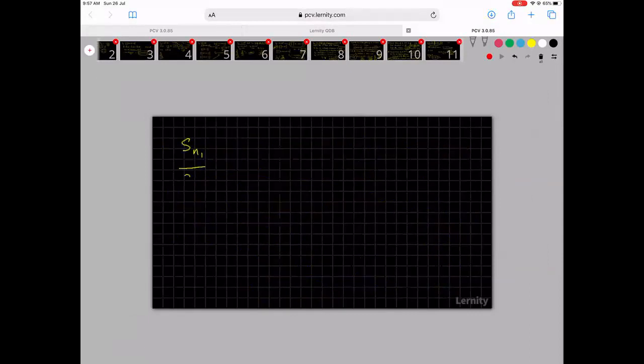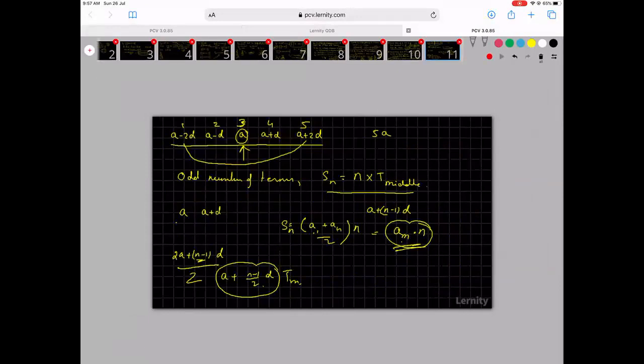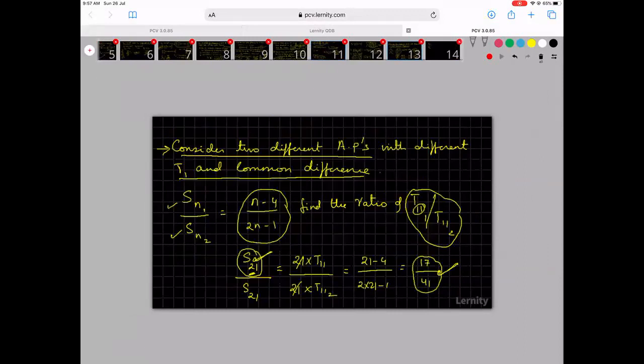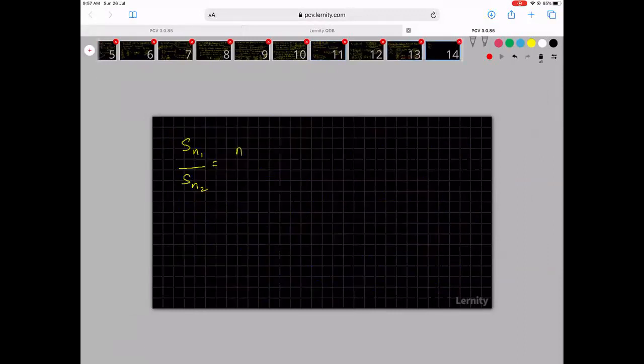Sn1 by Sn2 is equal to (n minus 4) by (2n minus 1), right? So this is what is given to me. Now I know Sn is equal to n by 2 into something. So in the numerator and denominator, I am multiplying by n by 2.